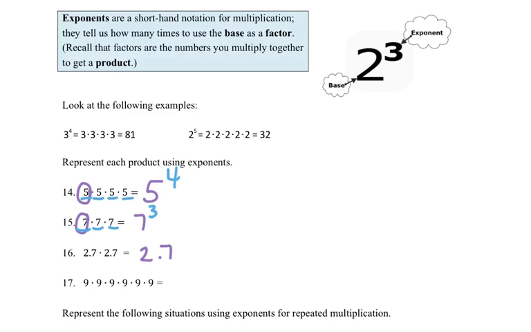Now, when I do have decimals, sometimes it might help to put them in parentheses just to make sure it's clear what you're raising to a power. So in this case, 2.7 is our base, and our exponent is going to be a 2. All right, for this last one, we have a base of 9, and we're multiplying it 1, 2, 3, 4, 5, 6 times.